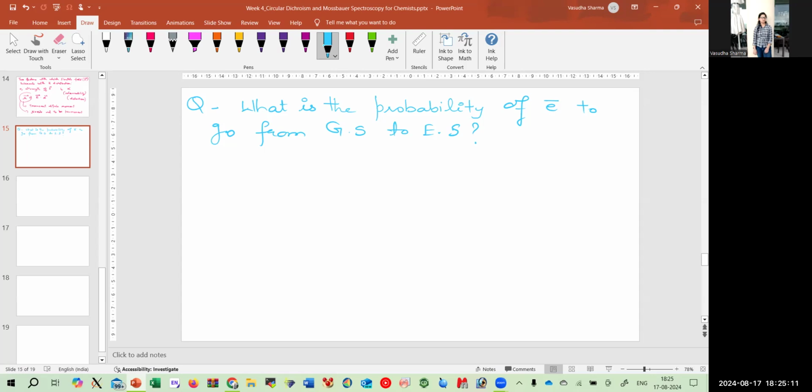For that, the probability is given in the form of an equation: the integral from minus infinity to plus infinity of the wave function of the excited state, the transient dipole moment, and the wave function of the ground state, with the volume element dx dy dz.